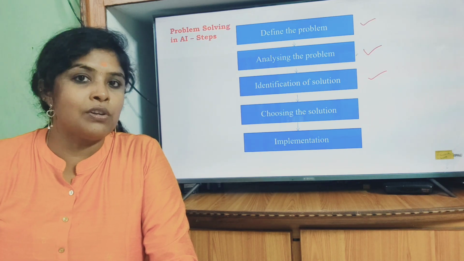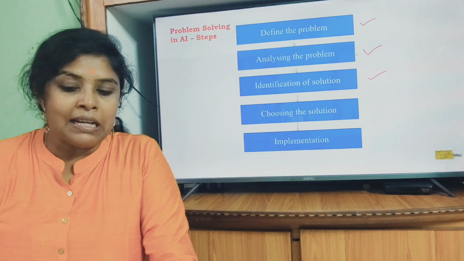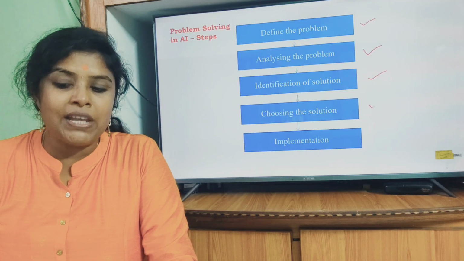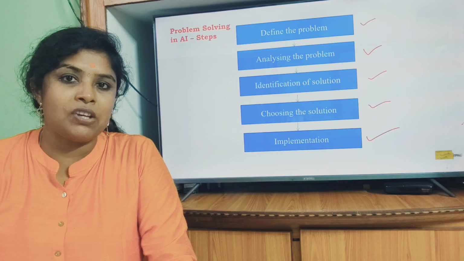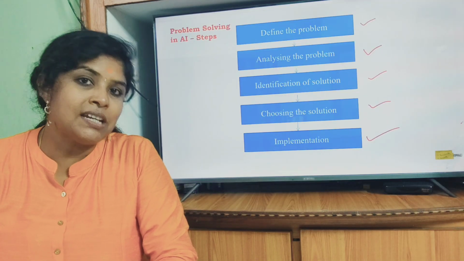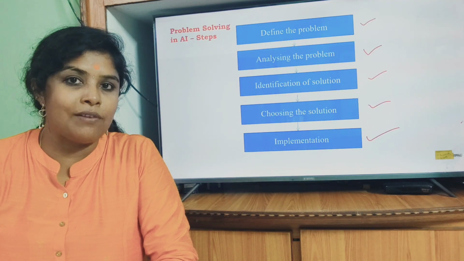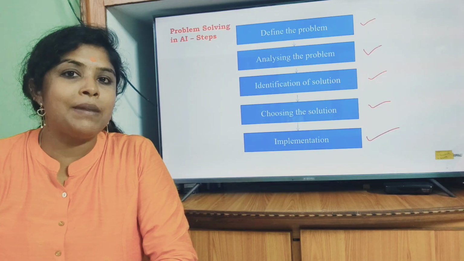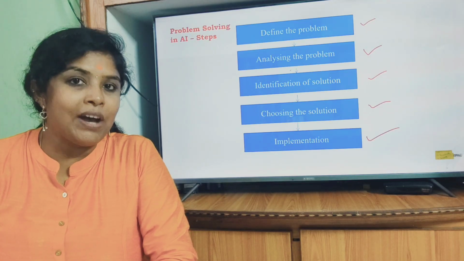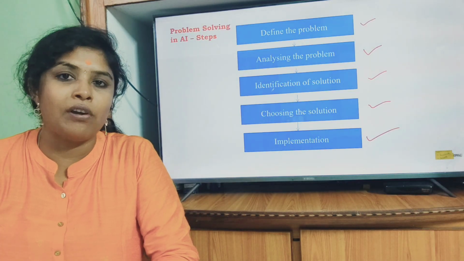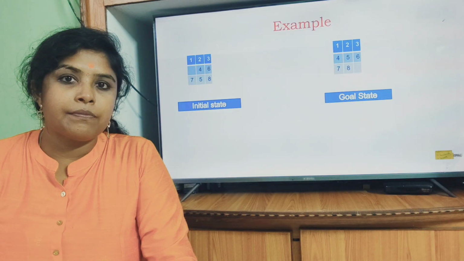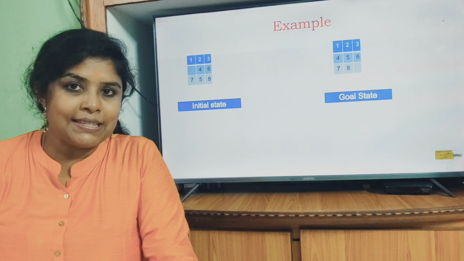Among a set of solutions, we may feel that this is the best one. So we need to choose the best solution and then go for implementation. This is how the agent will approach problem solving. It will first define the problem, analyze it, identify the solution, and then choose the best solution and go for implementation.